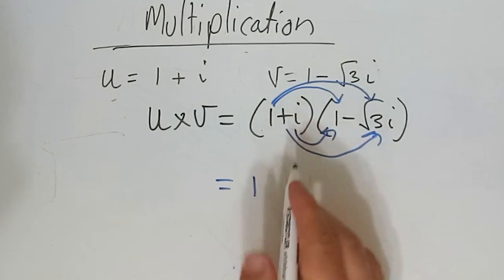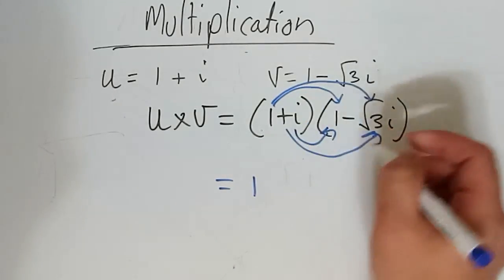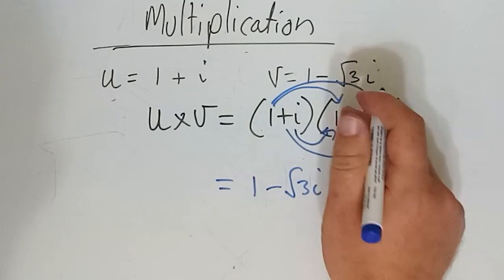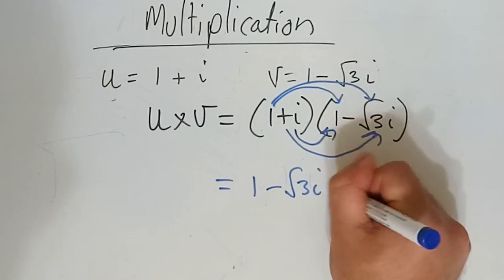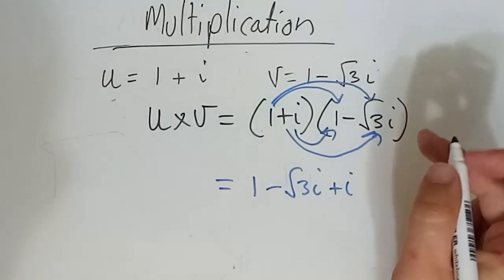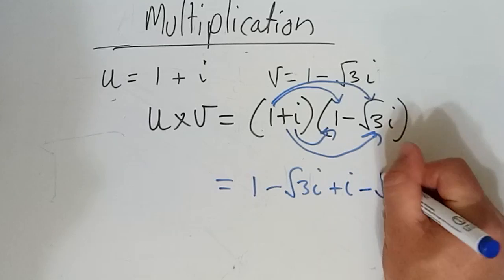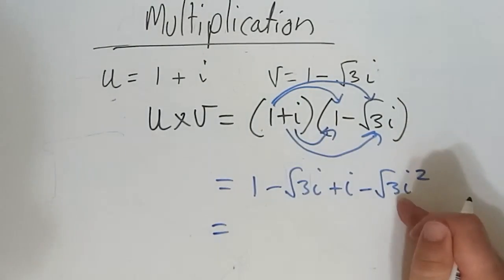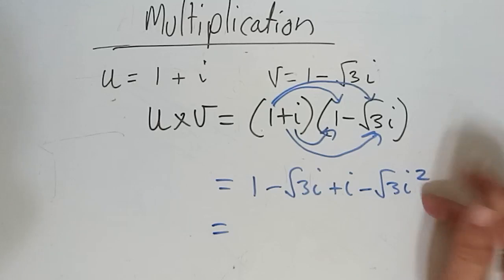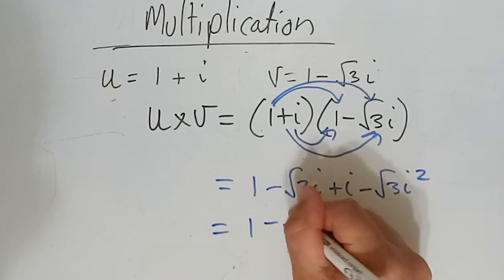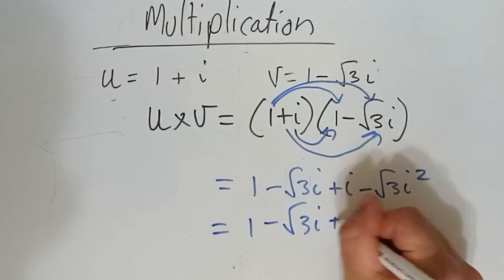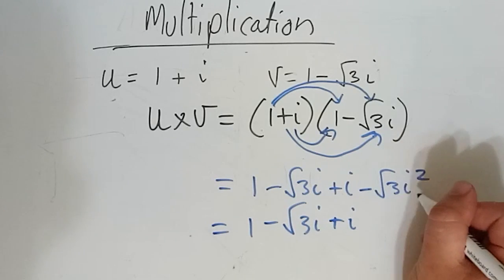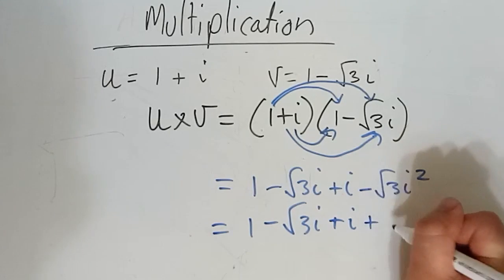1 times 1 is 1. 1 times negative root 3i is minus root 3i. Then i times 1 is i. i times negative root 3i is minus root 3 i squared. Okay, remember i squared is the same as negative 1. So now I'm going to change this, because this is negative root 3 times negative 1.